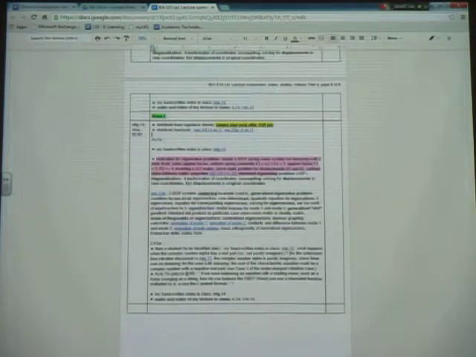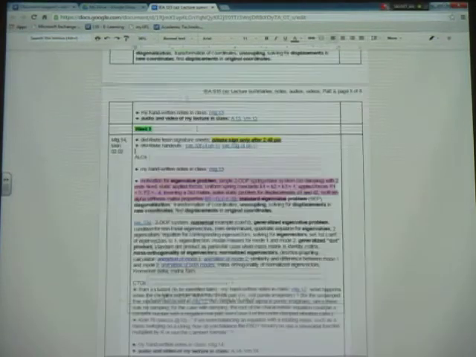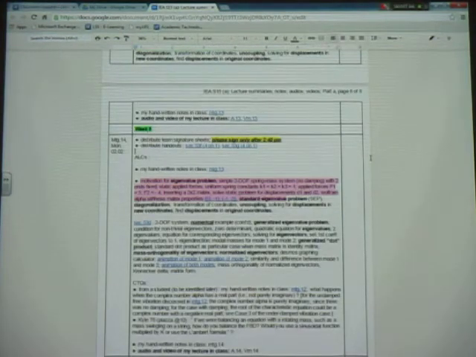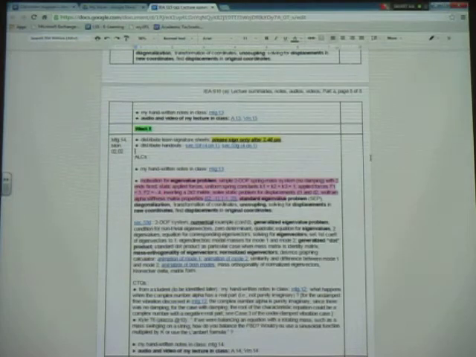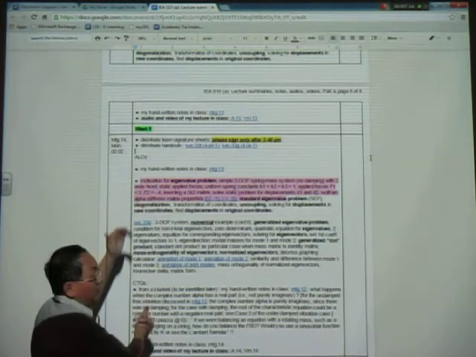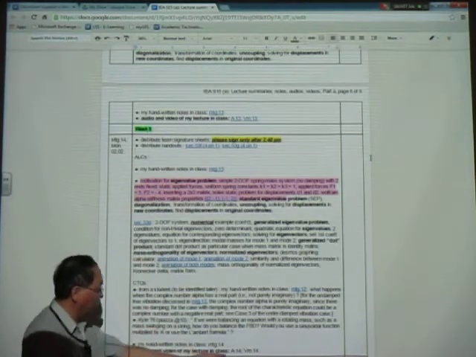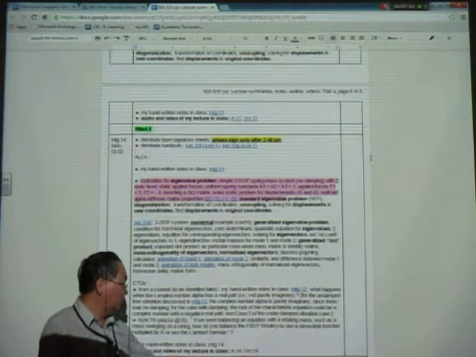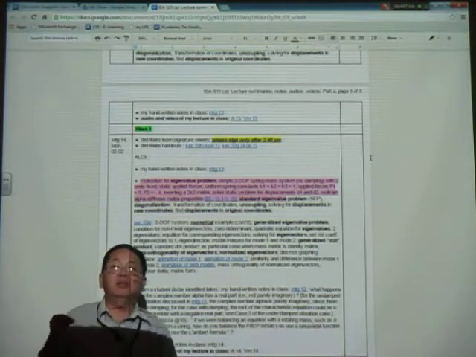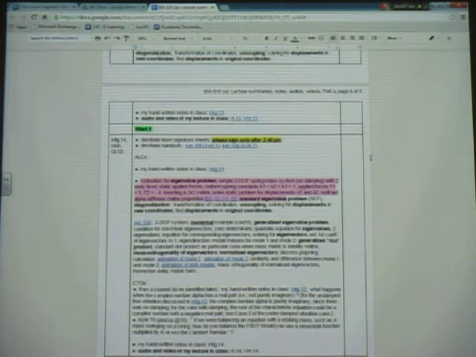Let me zoom out so that. Okay, so there's always at the beginning some reminders at the top, and then the lecture notes, and then towards the end there would be the video of the lecture, the audio, and my handwritten notes that I annotate after class.